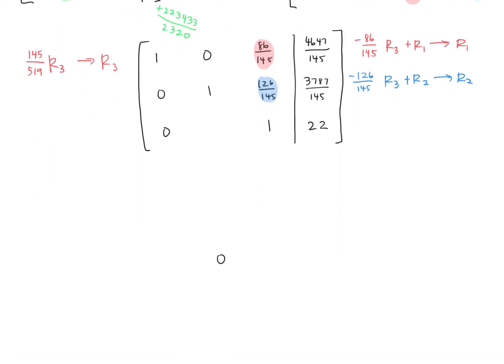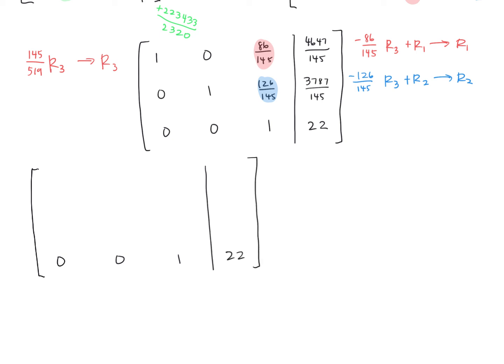Okay, so let's see what happens when we do those. That should give us our final solution here. All right, so we're not changing row 3, so I'm going to go ahead and write that in.